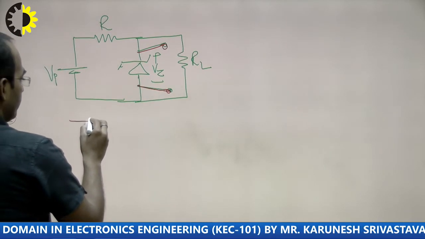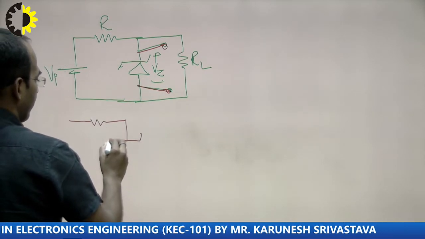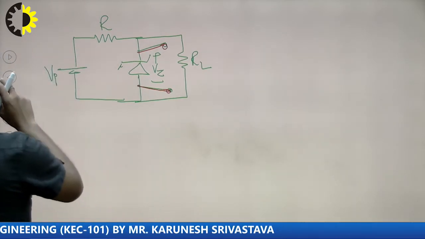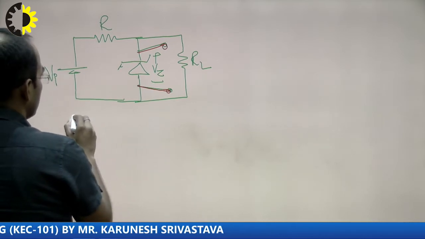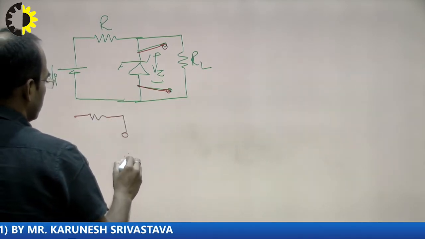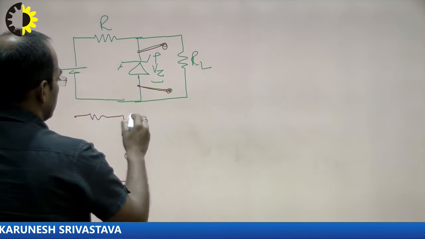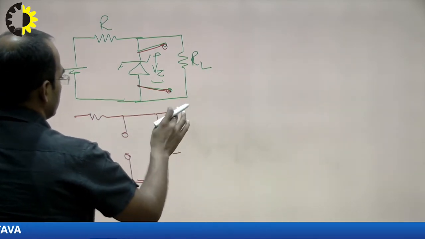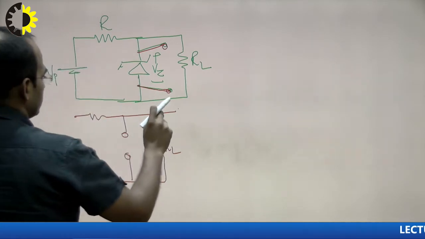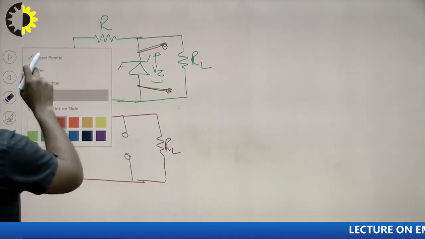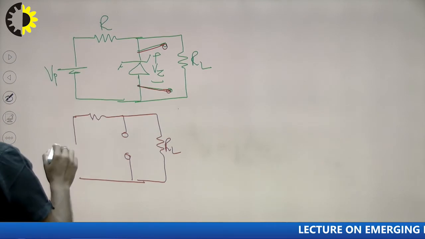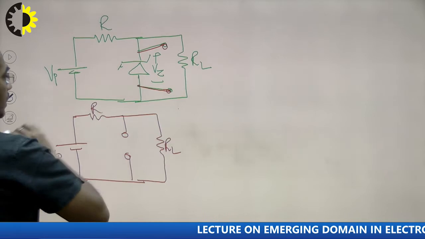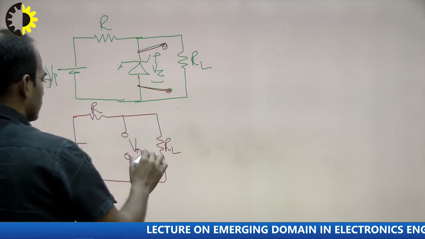So the circuit will be like this, Vi, R, RL, and this is the open circuit voltage.